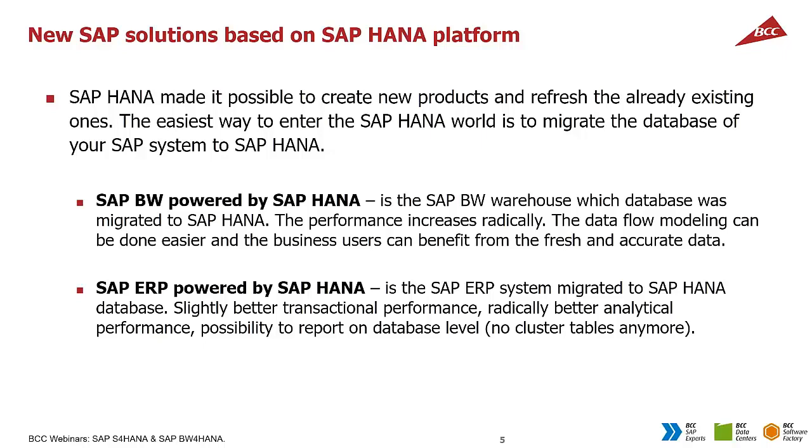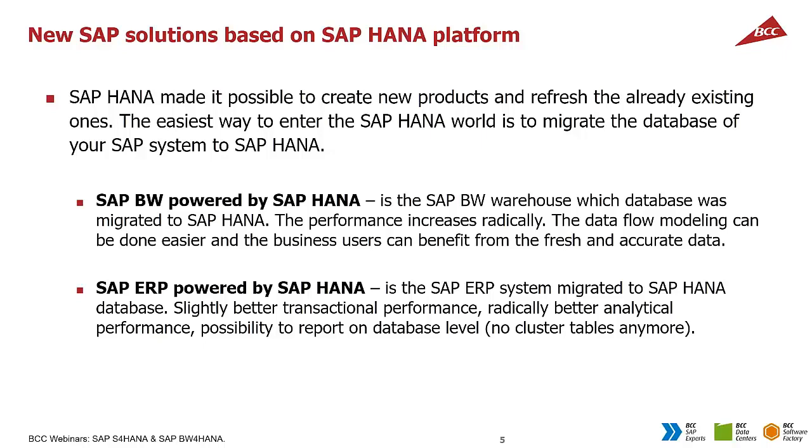The first solution, SAP BW powered by SAP HANA, appeared first, and it's really a radical change. The standard business warehouse from SAP was very, I would say, flexible, but when huge data volumes appeared, it sometimes was very slow.